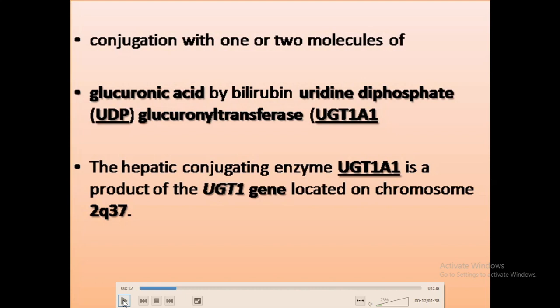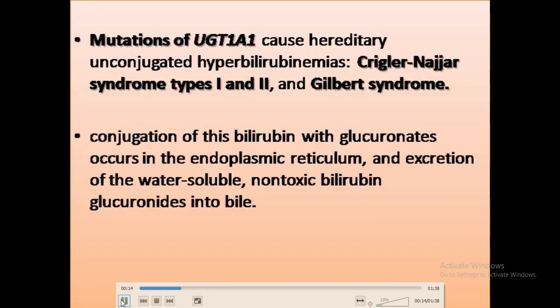This conjugating enzyme is the product of the UGT1 gene located on chromosome 2q37, and mutation of UGT1A1 causes hereditary unconjugated hyperbilirubinemia like Crigler-Najjar syndrome type 1 and 2 and Gilbert syndrome.